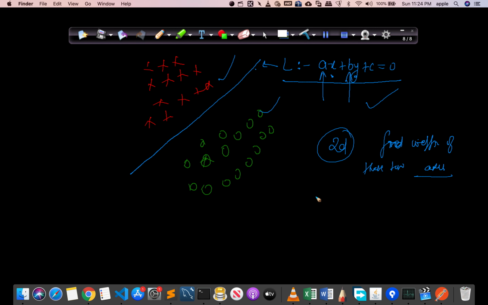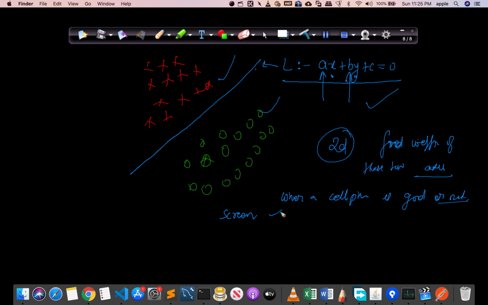But in real world problems, we don't have data points of 2 dimensions. We will have data points with multiple dimensions. For example, suppose we want to classify whether a cell phone is good or not. What are the properties of a cell phone?